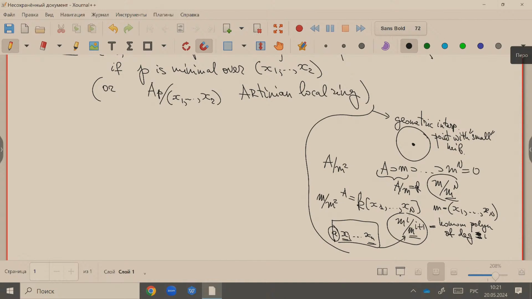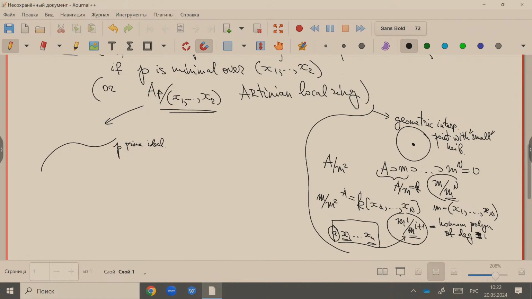So this kind of thing is the following: P is a prime ideal, and you are approximating this prime ideal by a sequence of parameters.